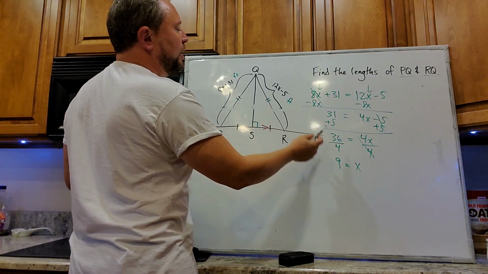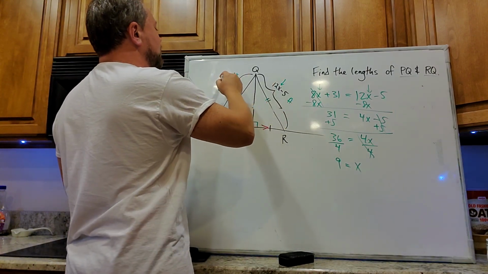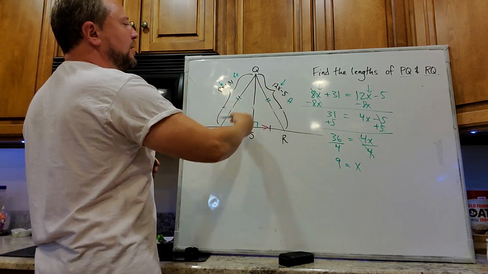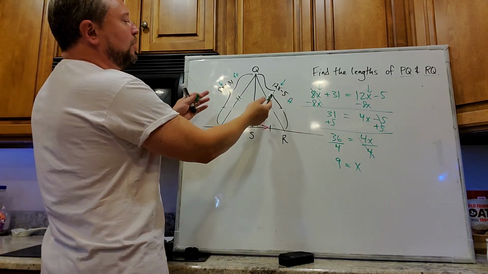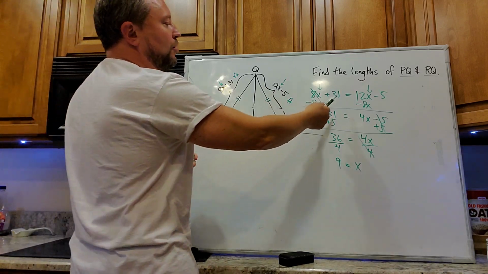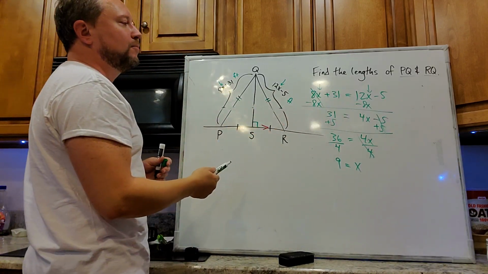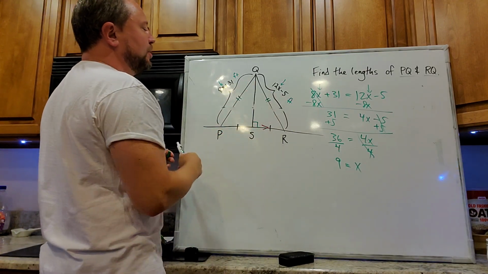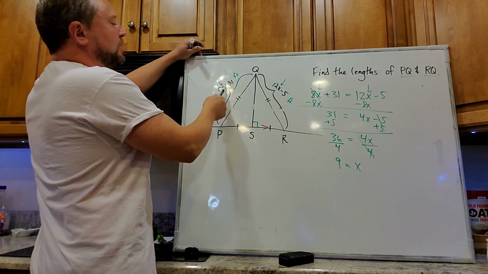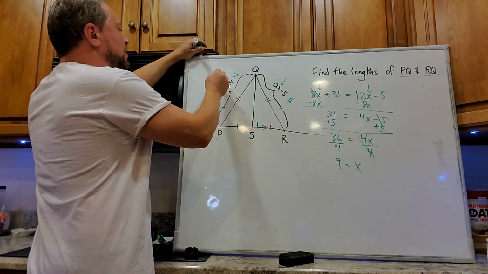So if I just take my 9 and plug it back in, I'll have both of those lengths of PQ and RQ. And really, you only have to plug into one or the other because after all, they're supposed to be equal, right? So if you like to add, plug into that one. If you like to subtract, plug into that one. I kind of like to add, so I'm going to plug my 9 into here.